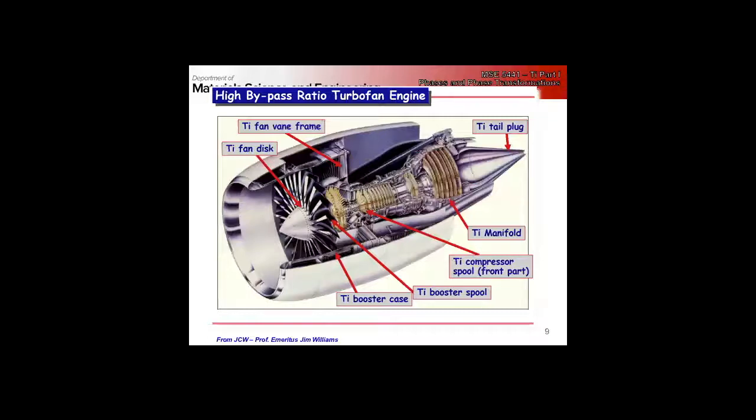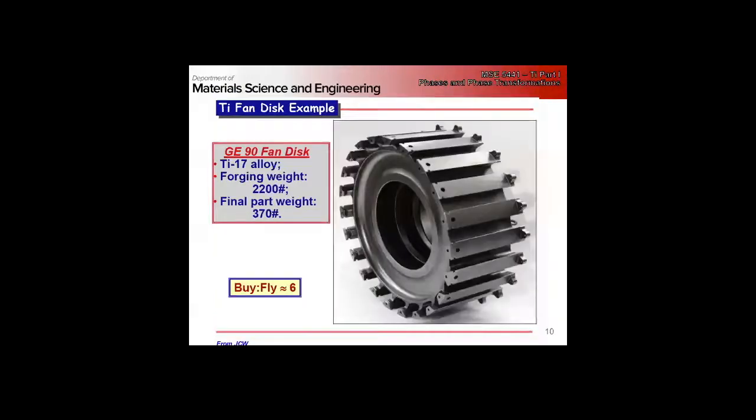So the fan discs, all this ducting, the compressor parts, the manifold out here, all of these are titanium parts. Where we won't see titanium is actually the hot section blades. That's the realm of nickel at the moment, but there's a lot of titanium in a modern aircraft engine.